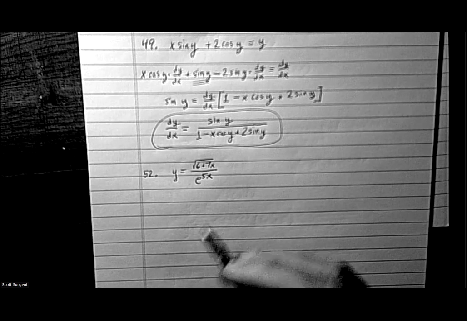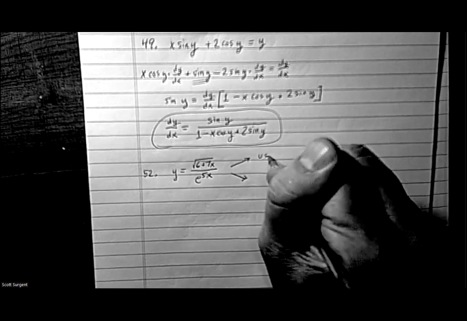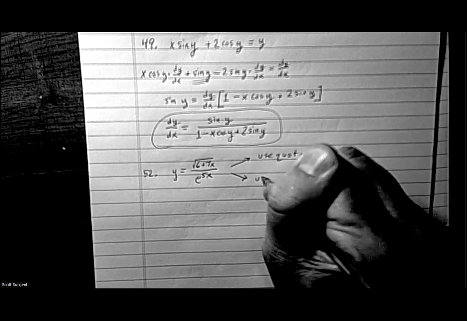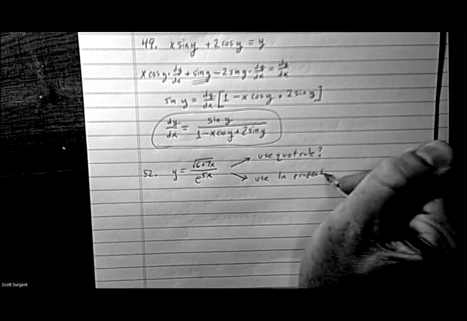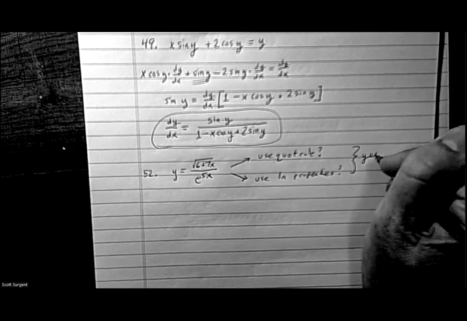Now the question is, now that you've seen a couple different ways, do we use the quotient rule, or do you want to use ln properties? This addresses an earlier question. Frankly, both work. So the answer to both would be yes.